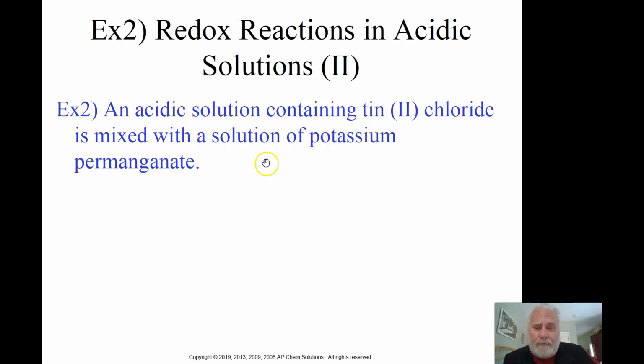So before we start the next video, see if you can take a look at this one and see how it relates to what we did leading up to this. Could you tell me, when we do step 1, what is the reduction reaction and what is the oxidation reaction given this?